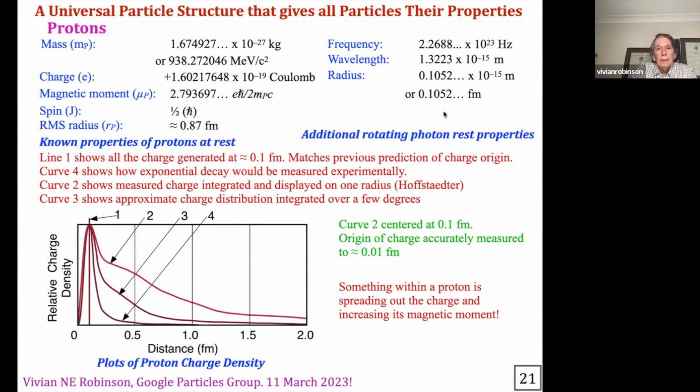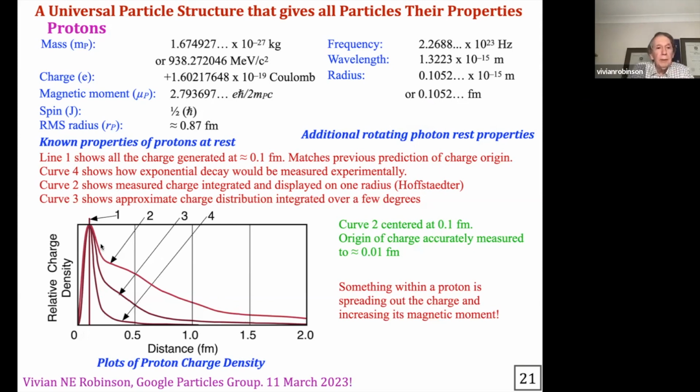If all of the charge was at this dimension, then it would have this magnetic moment, and you would have all of the charge at this point, which is very close to 0.1052 FM.